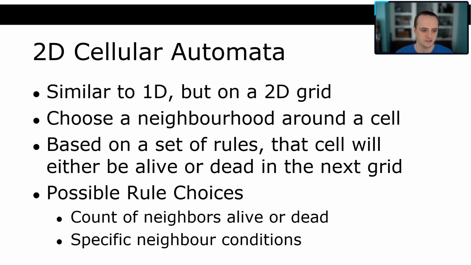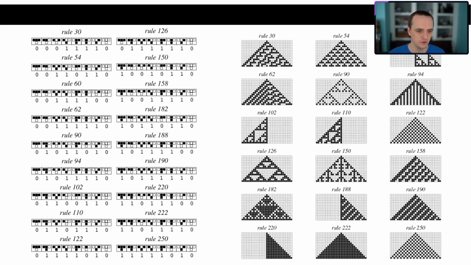So there are some possible rule choices that you make here. You could say, let's take some specific neighbor conditions. So these rules also exist for two-dimensional cellular automata, and you would just be counting the 9 values around, or the 8 values plus the middle value, so 9 values, and all the combinations of those.